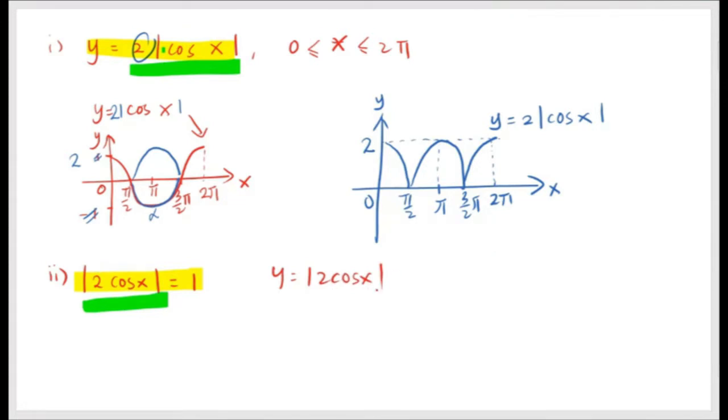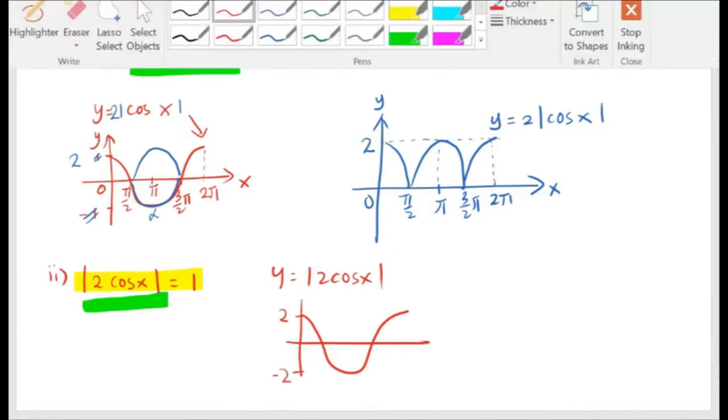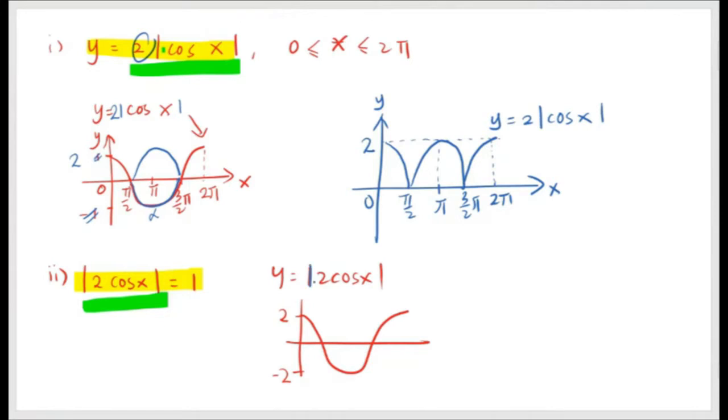Then how are you going to draw this? 2 cos x, so we need to sketch the 2 cos x first. So your 2 cos x is like this, with amplitude 2, right? Then once you modulus it, it means that the negative will become positive.